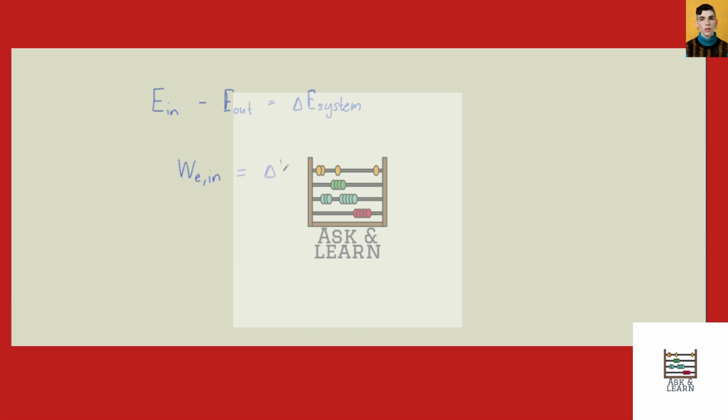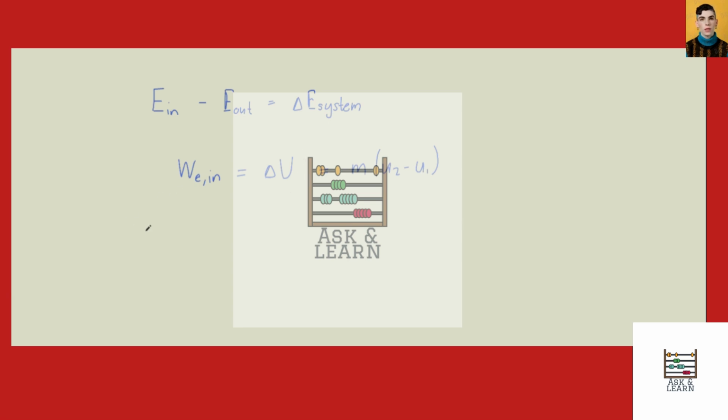And this is equal to a change in internal energy of the device, delta U. Delta U can be written as m into (u2 minus u1), the difference in specific internal energies times the mass.